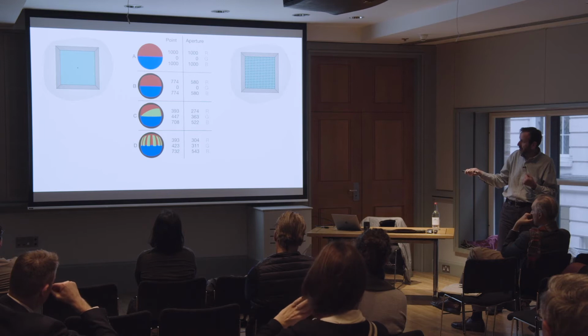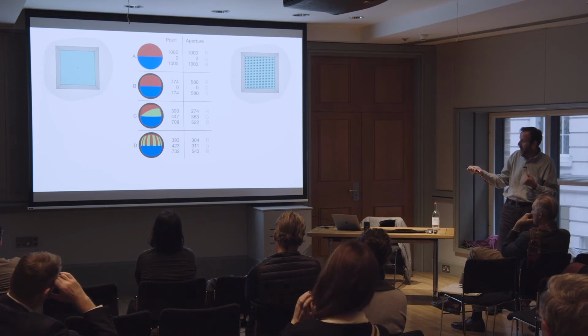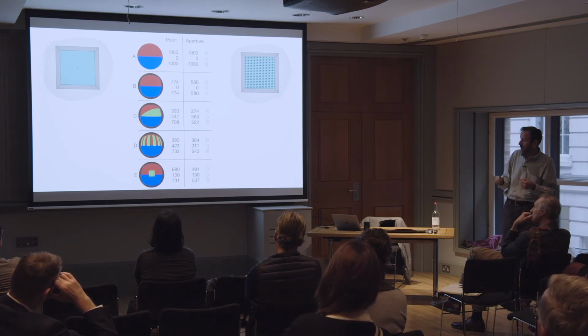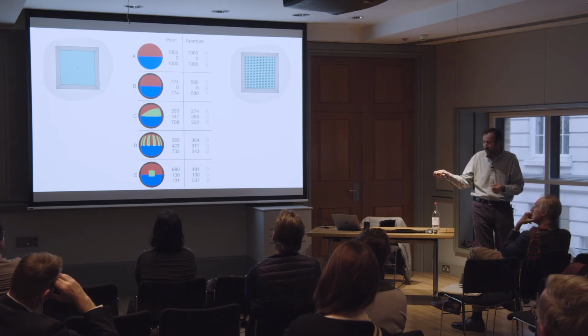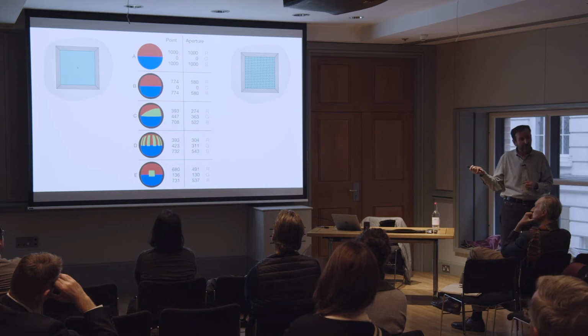And for those obstructions, again the values, and for that one there. Even for that one, it looks a little bit different when you view it from the corners. You get a bit clipped off.